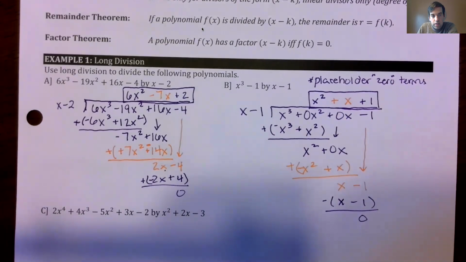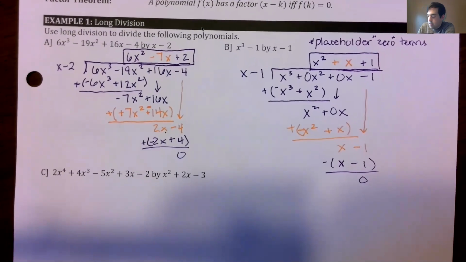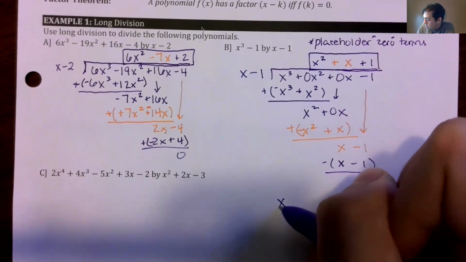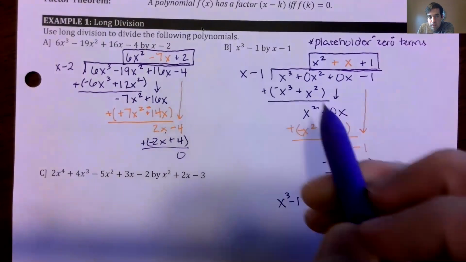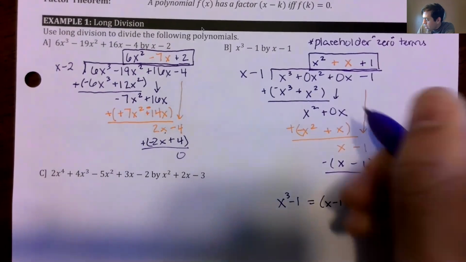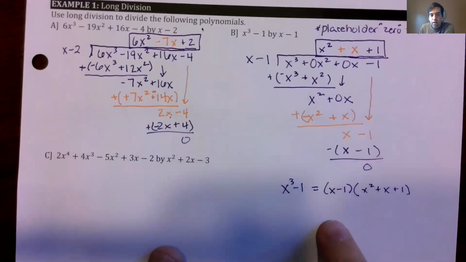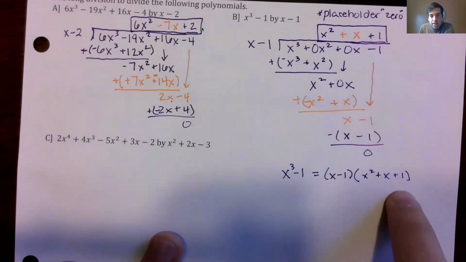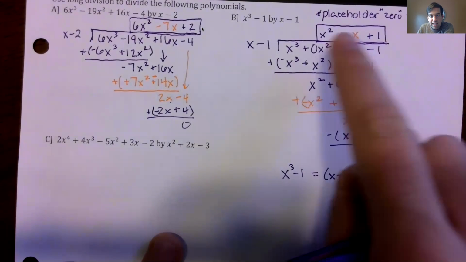Now, I do want to tell you one other way of thinking about this before we move into the next question. Think about that x cubed minus 1, that original thing that we divided. Now that we divided out x minus 1, we're left with x squared plus x plus 1. So one way of writing x cubed minus 1 in a factored form is to think about, okay, we divided out an x minus 1 and got this.